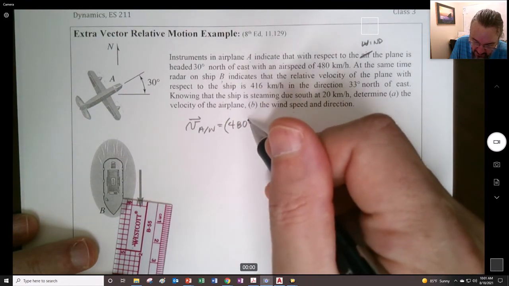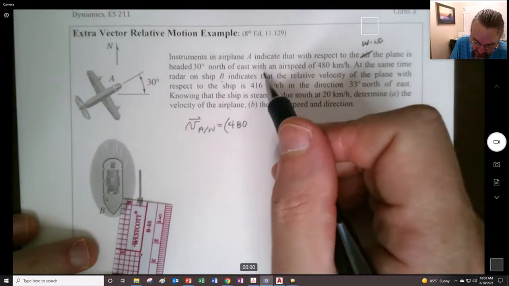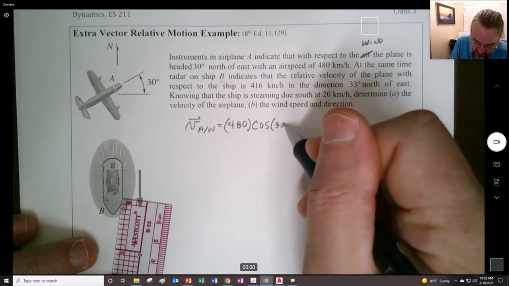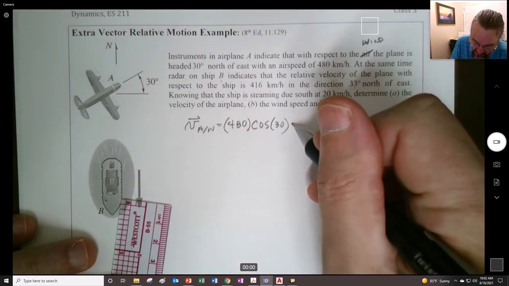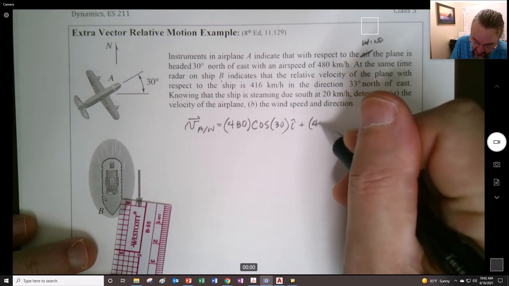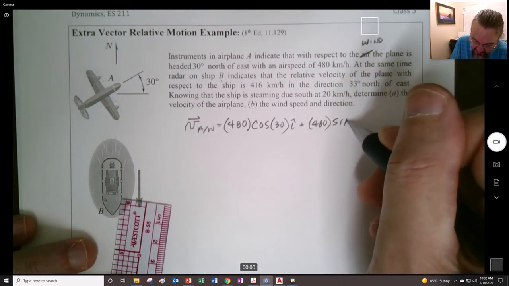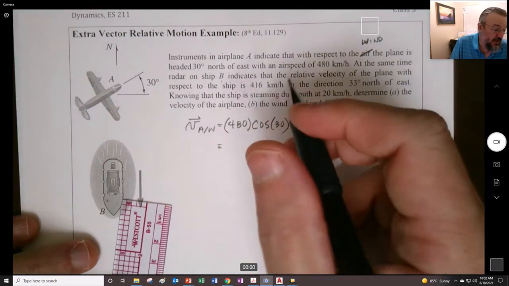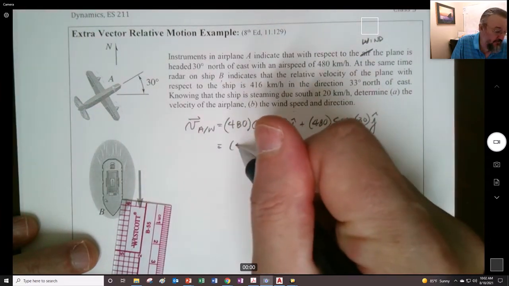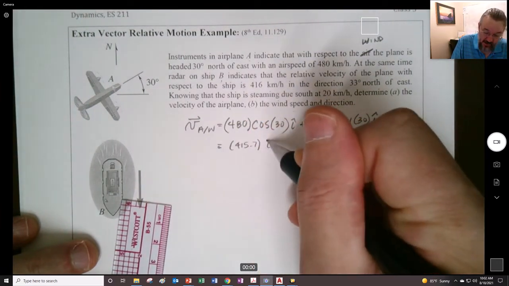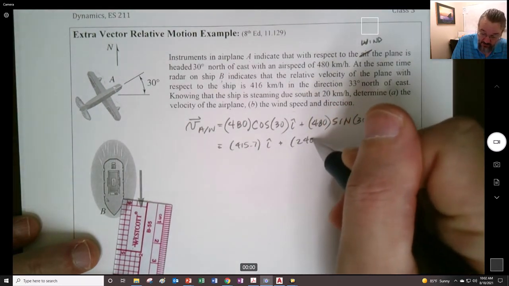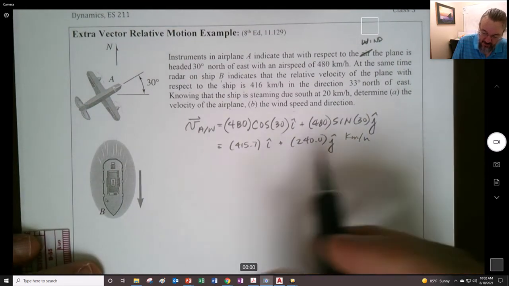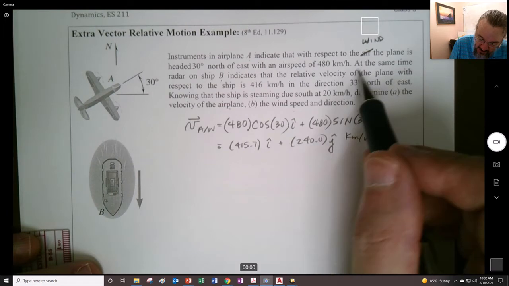In the x direction, it's going to be 480 times the cosine of 30 i plus 480 times the sine of 30 j. It's just a good place to start. Doing out the math, I get 415.7 i plus 240 j kilometers per hour.